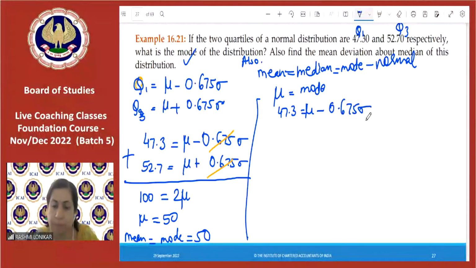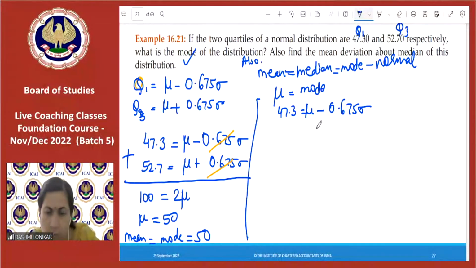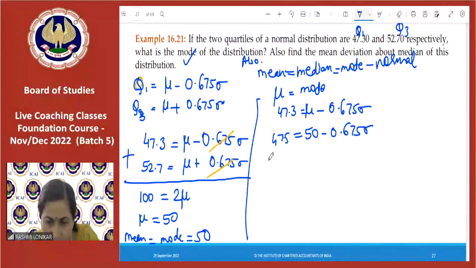Now I have found the value of mean to be equal to 50. So this is equal to 50 minus 0.675 sigma, and solving this, I get 0.675 sigma is equal to 50 minus 47.5.